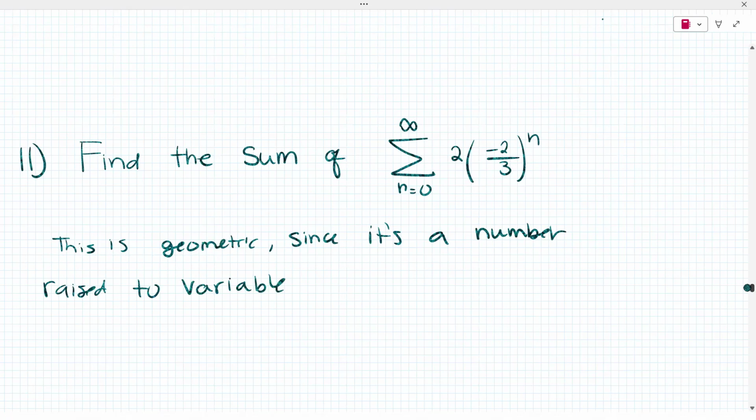So how do we do the summation? To find the sum of a geometric series, it's the first term over one minus the ratio, right?